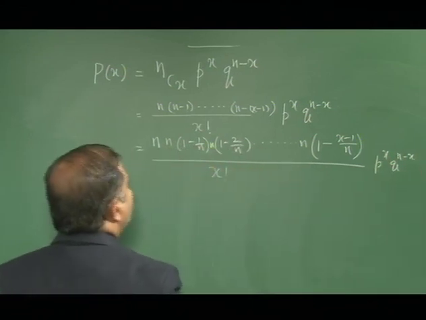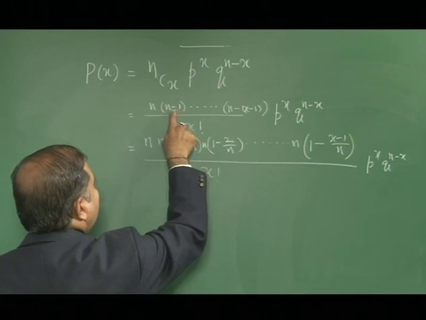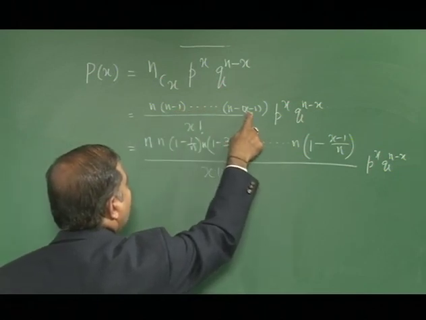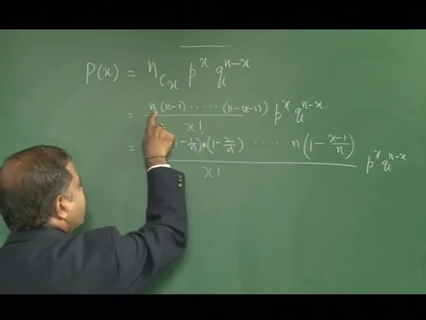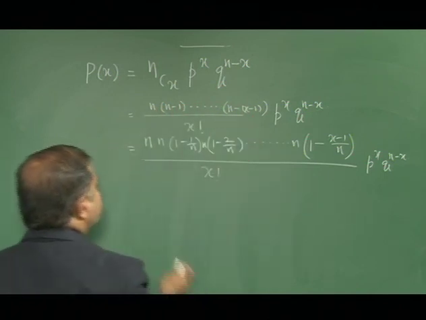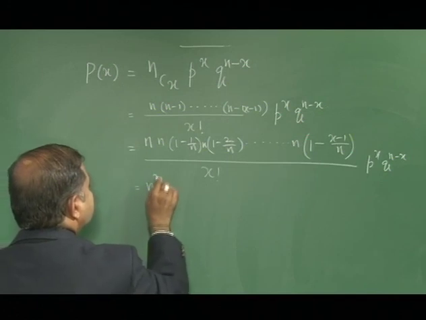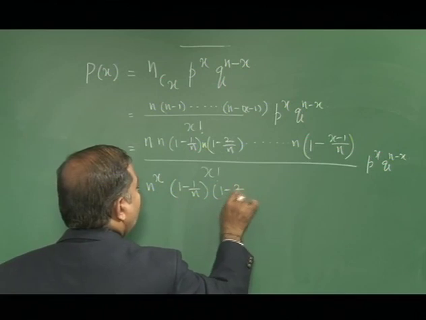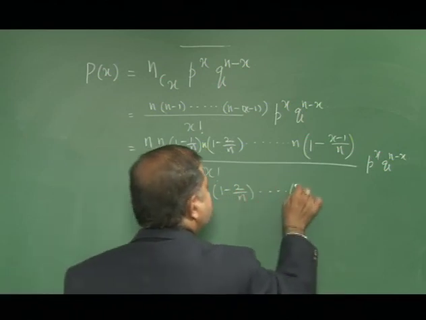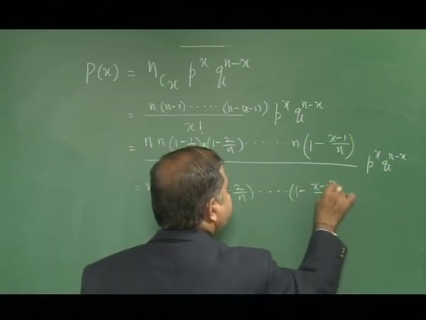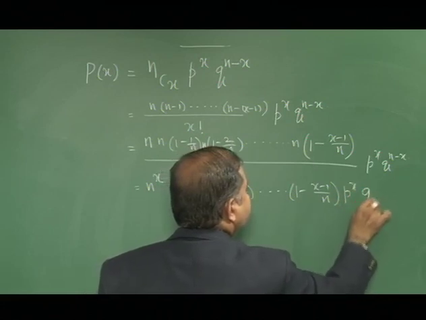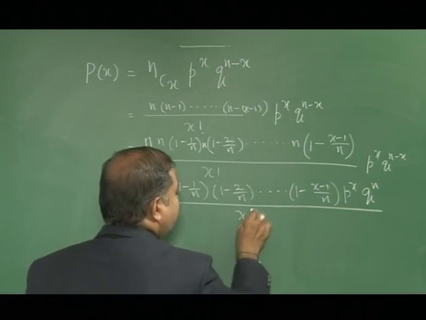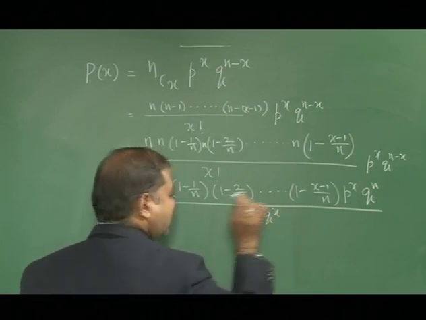How many terms are there? Starting from this 1, n minus 1, 1, 2, 3, 4 and so on, I have up to x minus 1, one more term n. So there are totally x terms. So n power x, 1 minus 1 by n, 1 minus 2 by n and so on, p power x by x factorial q power x.